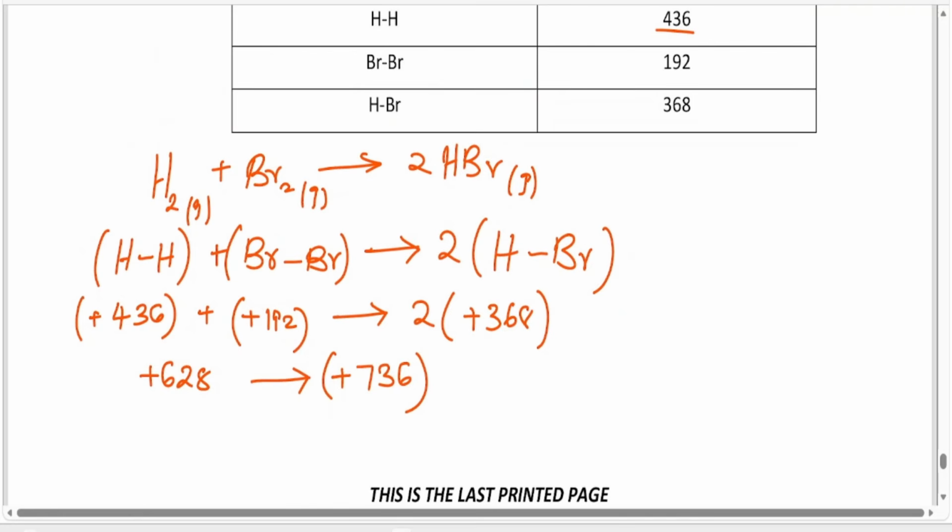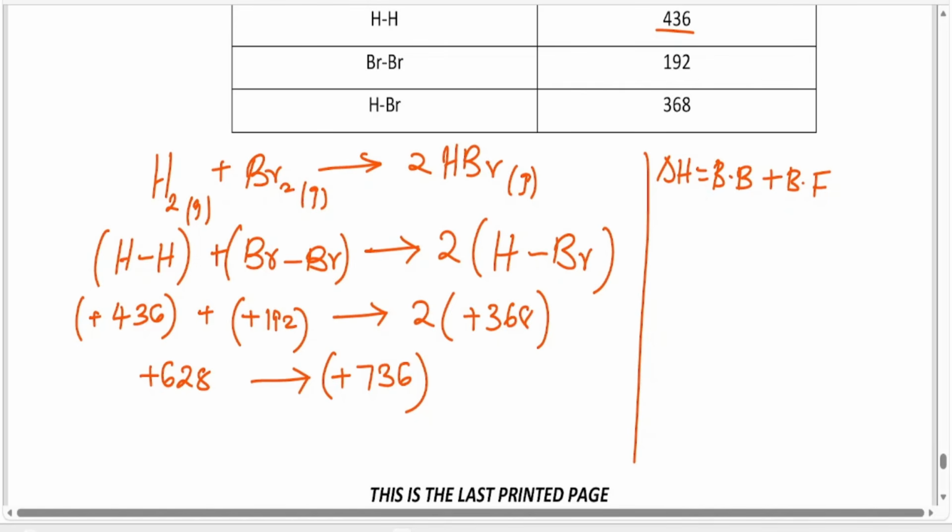Learners, we need to understand that enthalpy change is given by bond breaking plus bond formation. Bond breaking is always an endothermic reaction, and bond formation is always an exothermic reaction. So we have to include the negative sign on the side of bond formation.